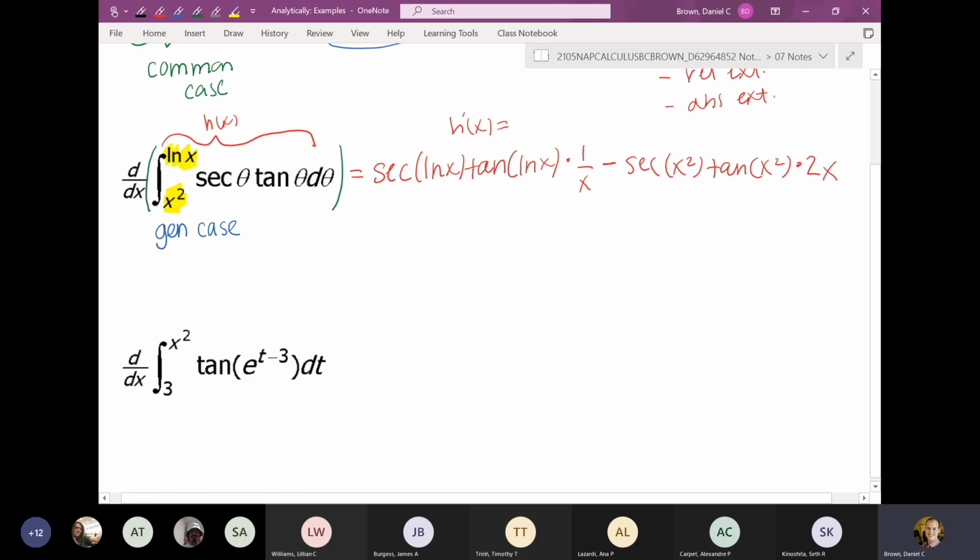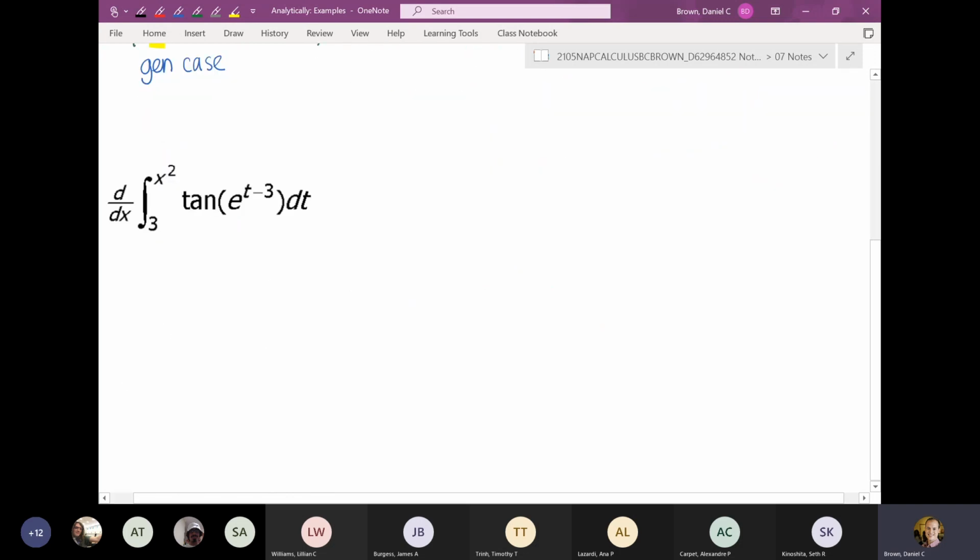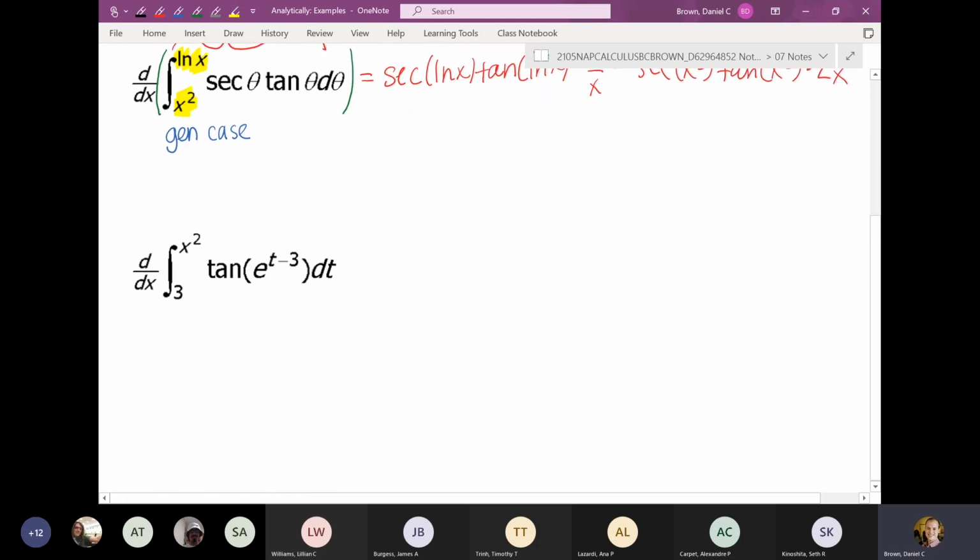All right, last one. Pretty straightforward. So it looks like it's almost the common case. That x squared is kind of messing things up, so we will need to use the general case. We know conceptually the derivative of an integral will cancel each other out, but since we're taking the derivative, still need to worry about the chain rule, and how we evaluate definite integrals.